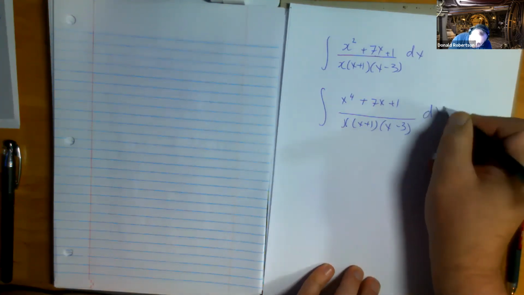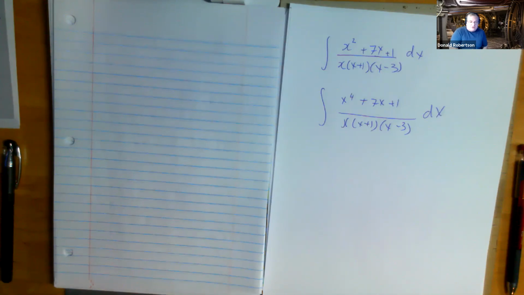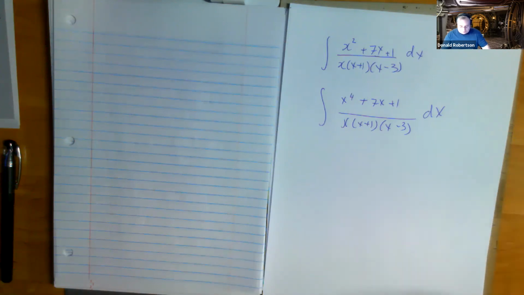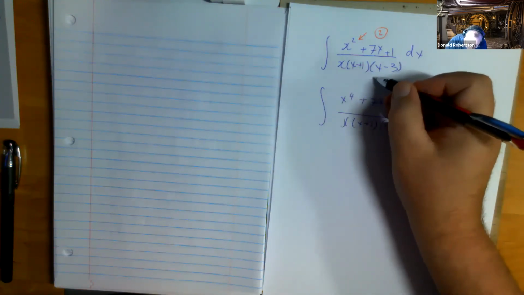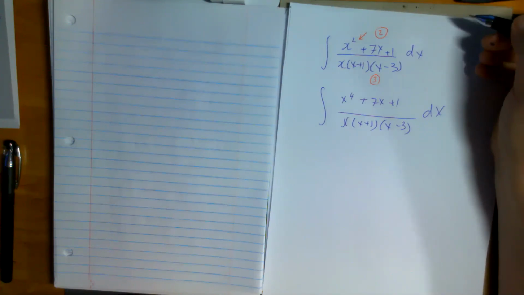Here are two situations, one where you should do long division, the other one where you don't. And I've tried to make them almost identical, except in one key area. The biggest power of x on the top is 2. If I FOILed all of that out, would you agree that I'd get x cubed and some stuff? Yeah.